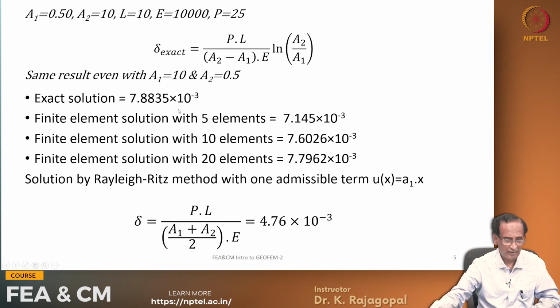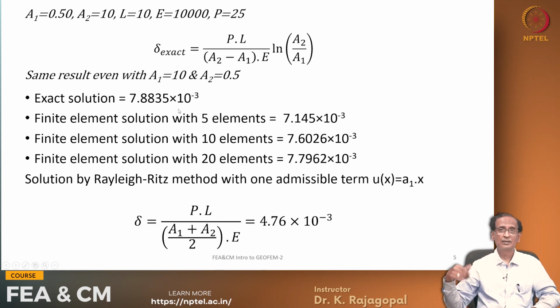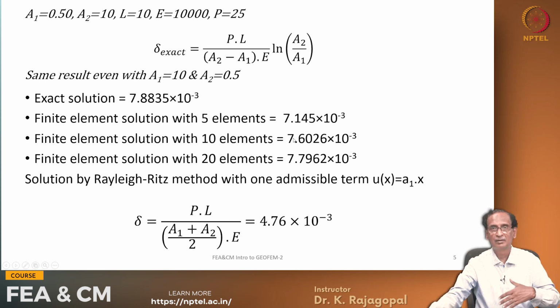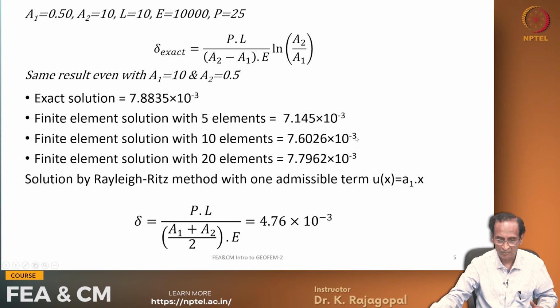The corresponding solutions with finite element analysis with 5 elements is 7.145 times 10 to the power of minus 3, and with 10 elements it is getting closer to the theoretical solution, 7.60 times 10 to the power of minus 3, and then with 20 elements 7.79 times 10 to the power of minus 3, whereas the exact solution is 7.88 times 10 to the power of minus 3.